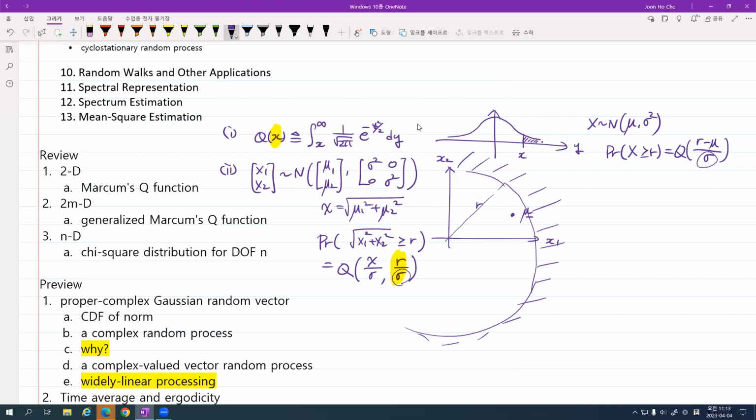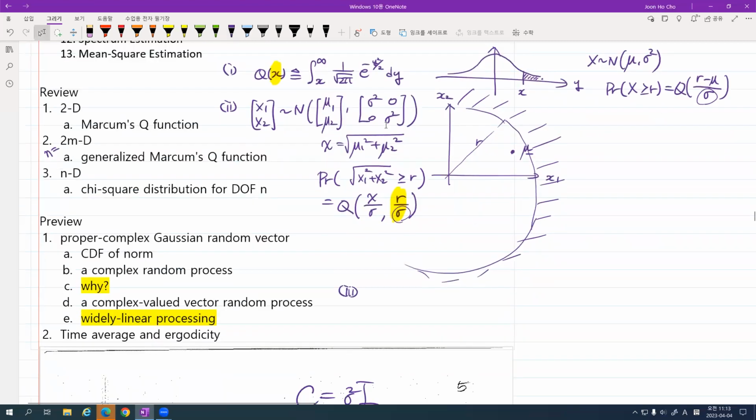Got it? And now, in the third case, we have how many random variables? Yeah, N random variables that happens to be an even number, so 2m. Now, almost the same thing.